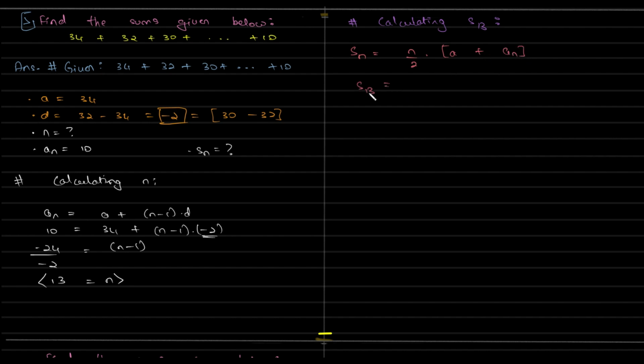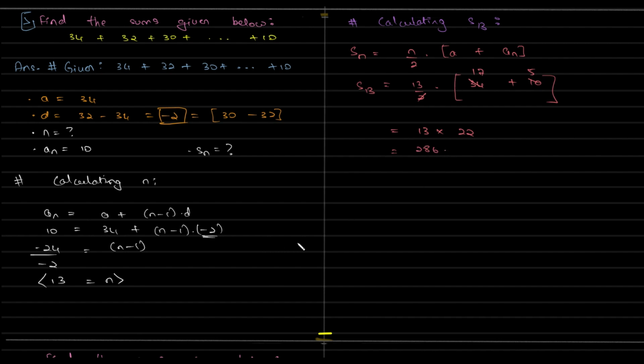Simple. So Sn is equal to n by 2 into (a plus an). S of 13 will be 13 by 2 into (a is 34 plus an, the last term, is 10). So 13 into 22, that is 286.